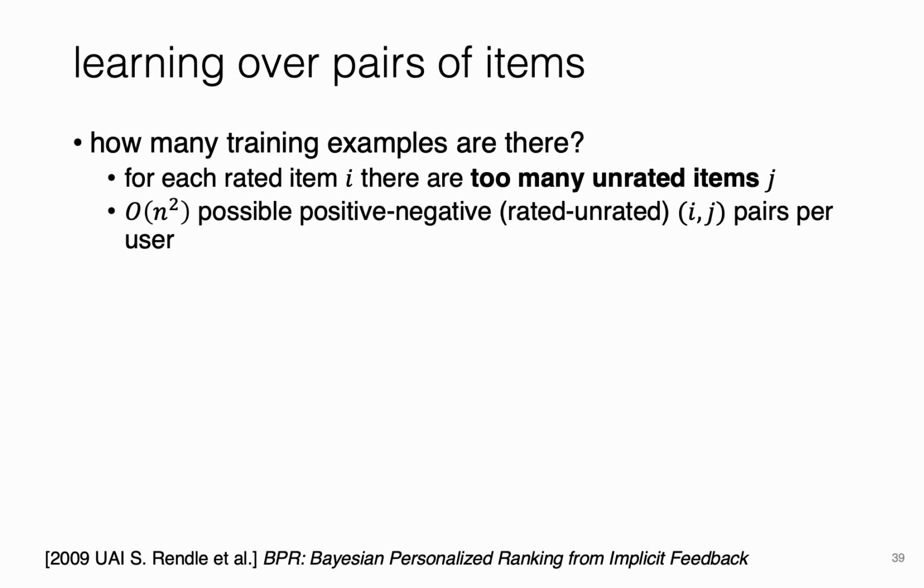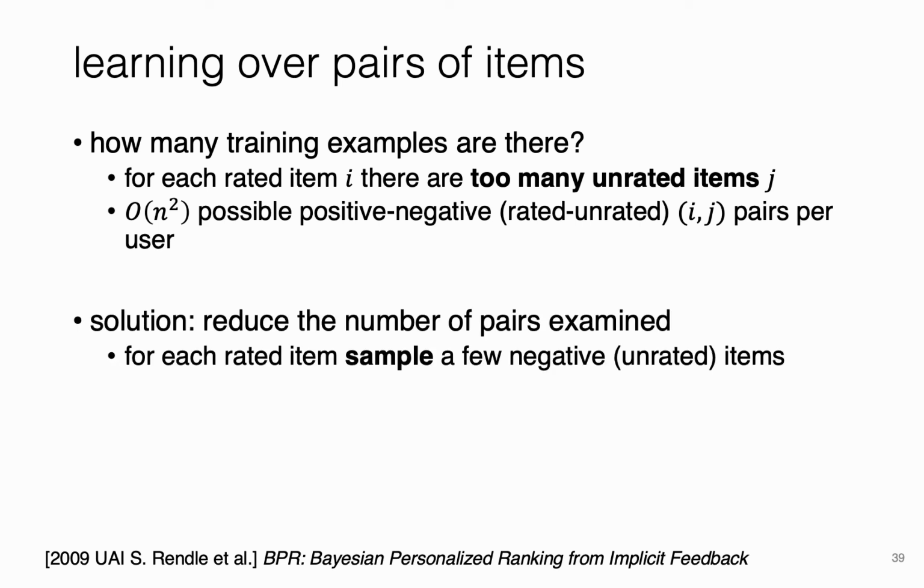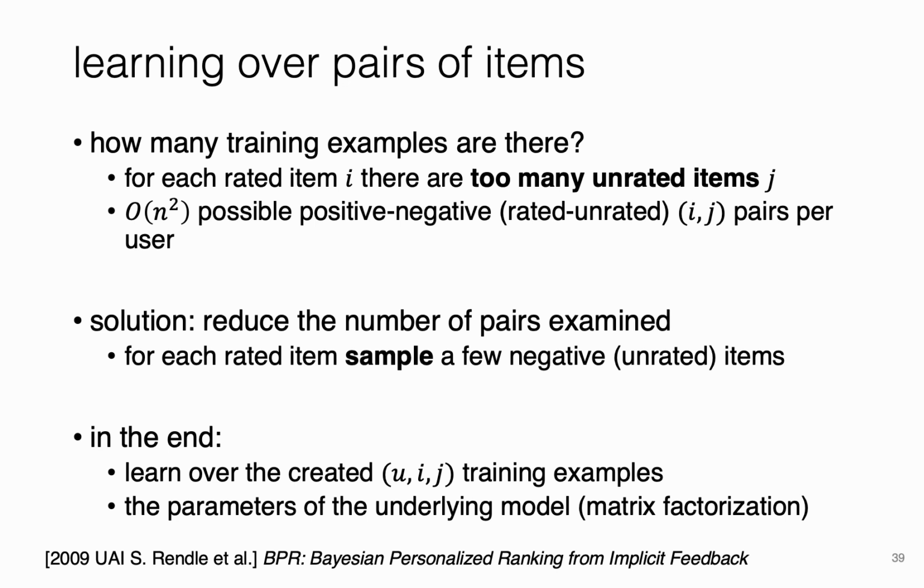So clearly we must do something about it, and the solution is to reduce the number of examples per user. What we do is for each rated item, we sample only a few of the unrated items to create far fewer pairs. Typically, we may choose 5 or 10 unrated items for each rated item. This dramatically reduces the number of training examples.